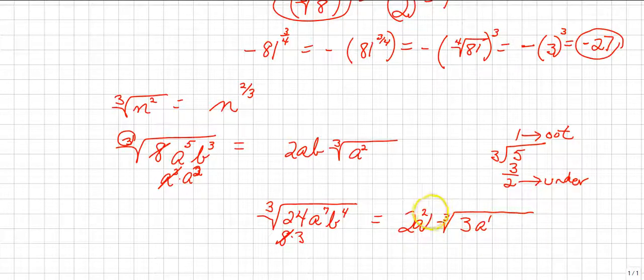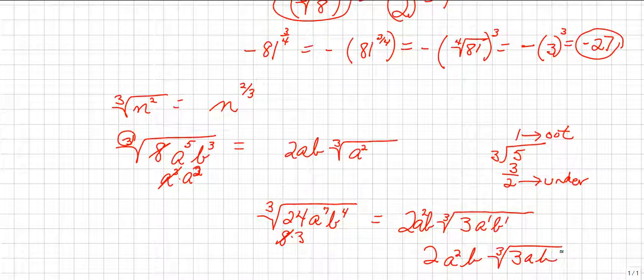So 1b comes out with a remainder of 1 that stays under. And we'll write this without those 1s. We don't need those. It's a little silly. So we'll write 2a squared b cube root of 3ab. Not as complicated as it looks, but using that little division technique makes it fairly simple.